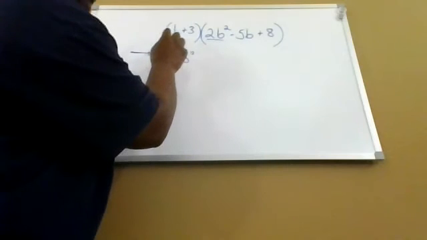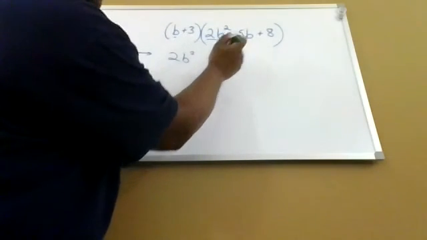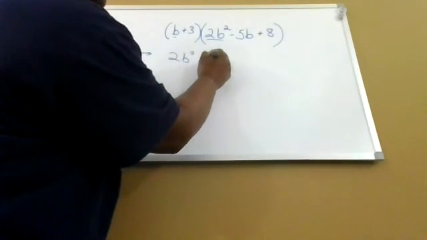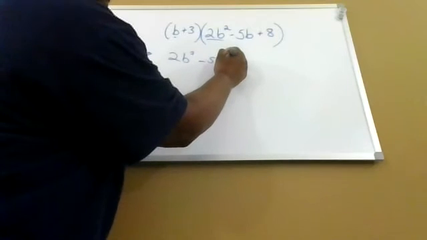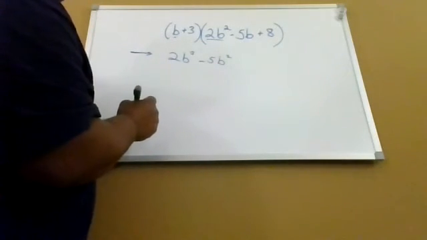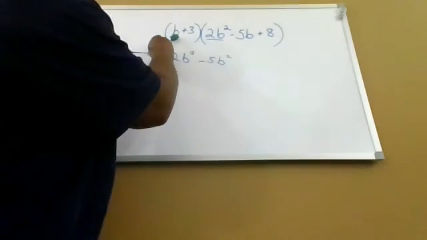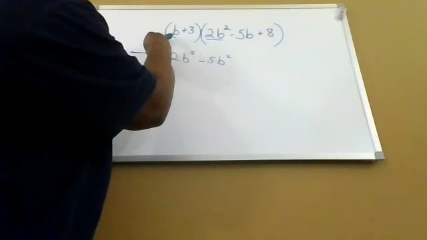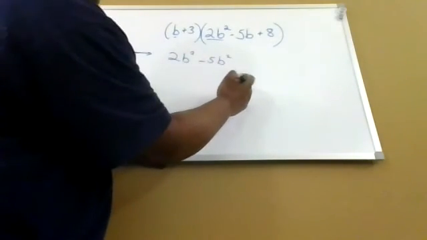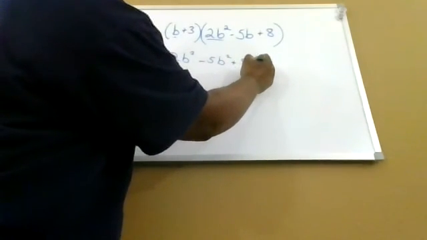And now b times negative 5b is going to be negative 5b squared. And we have one more term to distribute that b to. So it's going to be b times 8, which is going to be positive 8b.